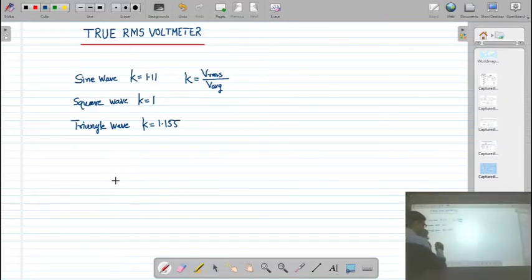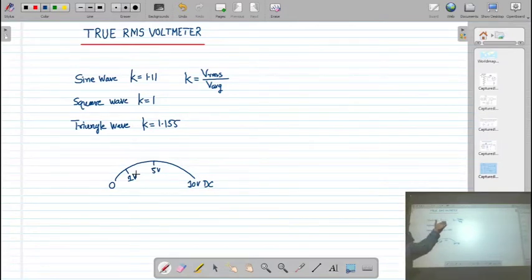So what it means is that if we know the form factor of a particular wave, then whatever DC scale we have, say a 0 to 10 volt DC range, we can calibrate this DC range for the measurement of the AC voltage. Suppose you are measuring a sine wave, for which the form factor is 1.11.